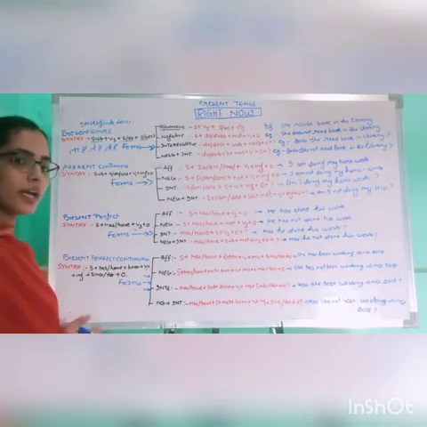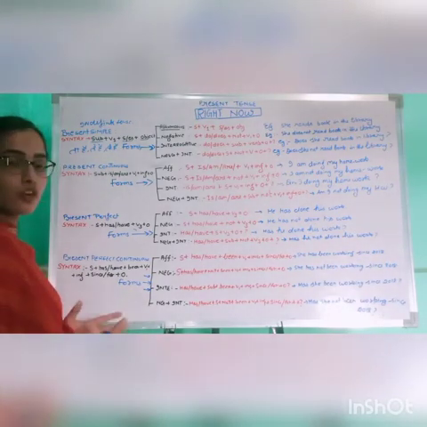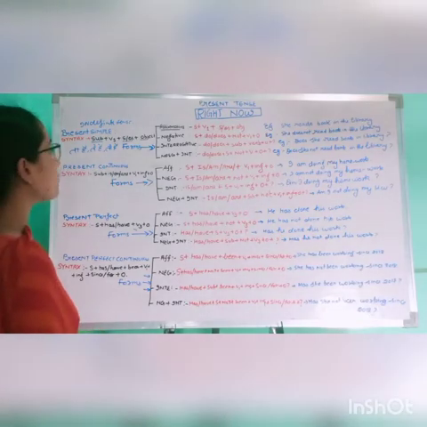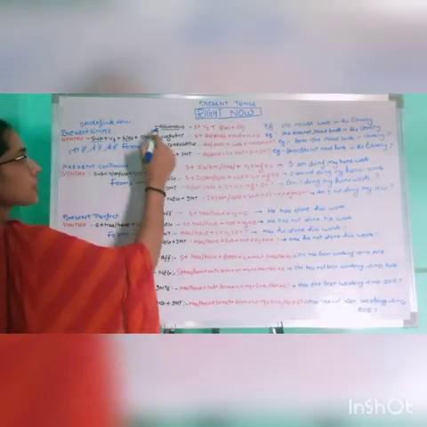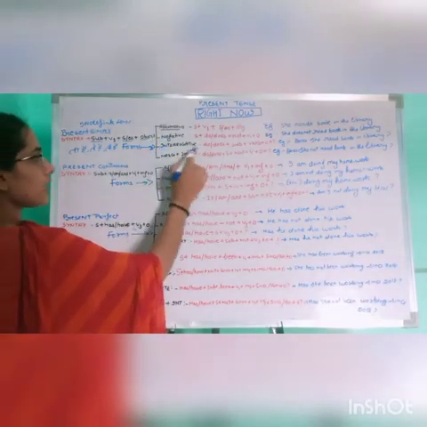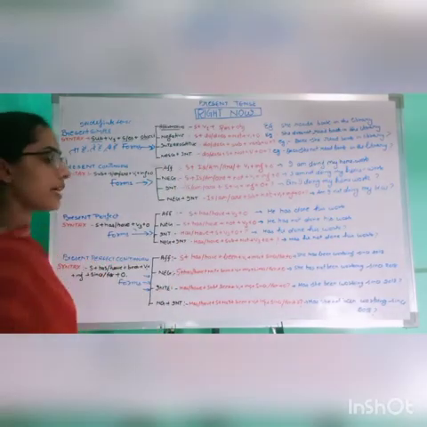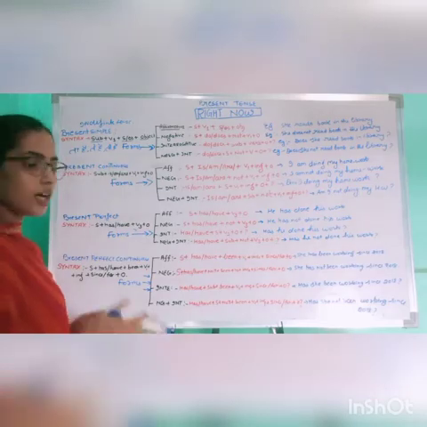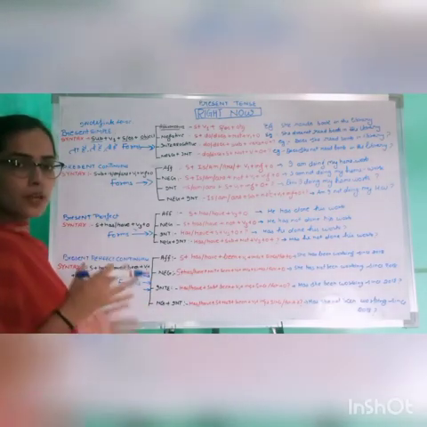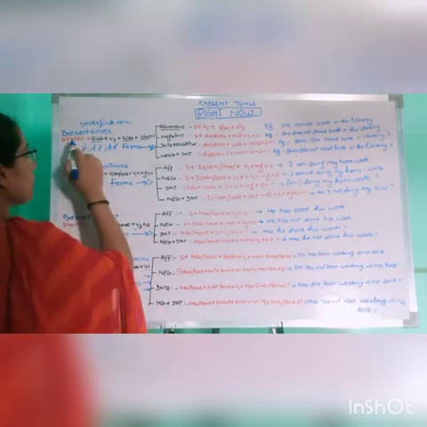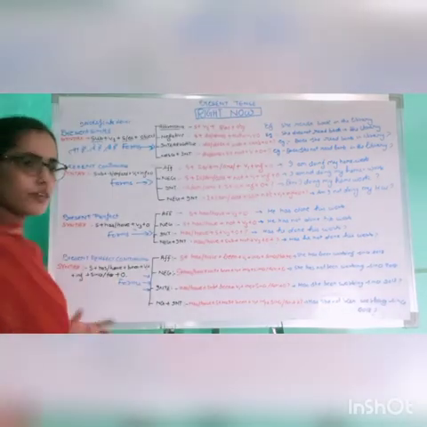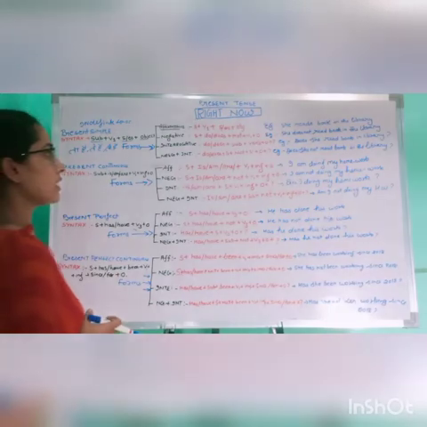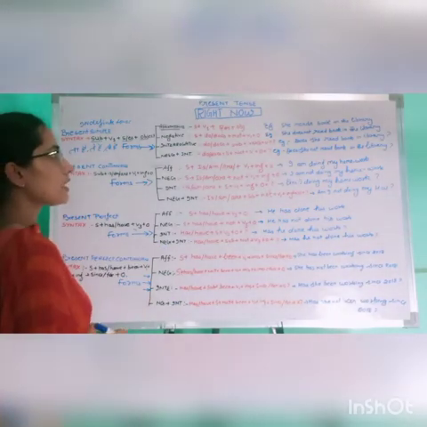Now let's move ahead and learn about the different forms of this part. We have different forms such as affirmative, negative, interrogative and negative plus interrogative. These are the forms of sentences, and whichever tense it is, we can form different types of sentences like affirmative sentences.